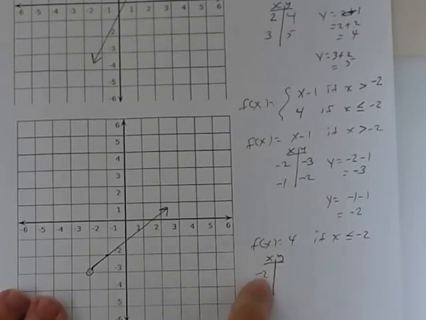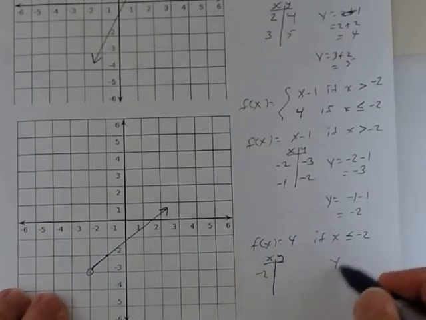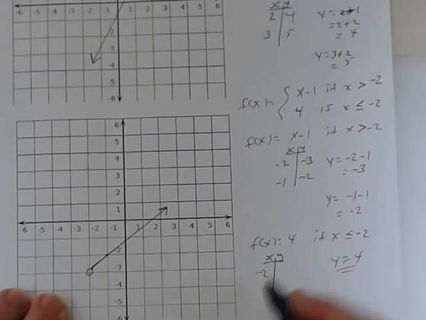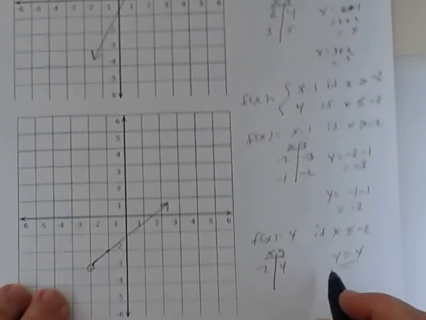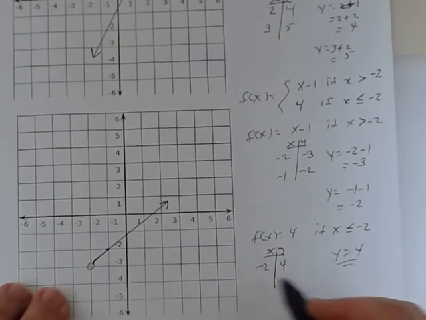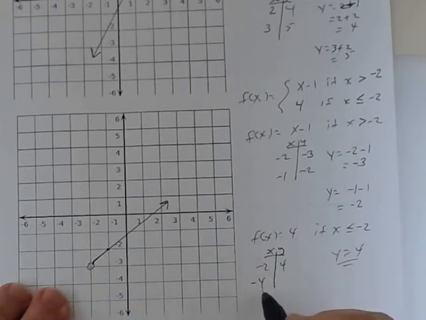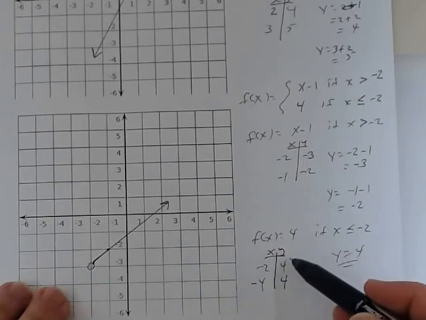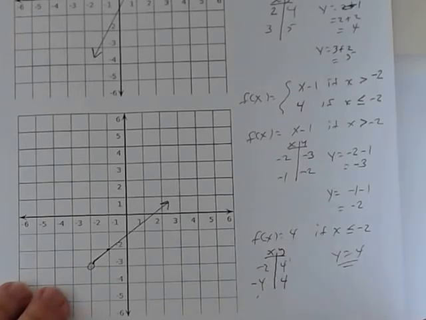There's nothing to plug in. That says y equals what? 4. Now, you got to give me one more number, though, that's in this domain. Negative what? 4. Okay. When x is negative 4, what is my y value? 4. That's what we just talked about. Your y values must always equal what? 4, no matter what your x is.